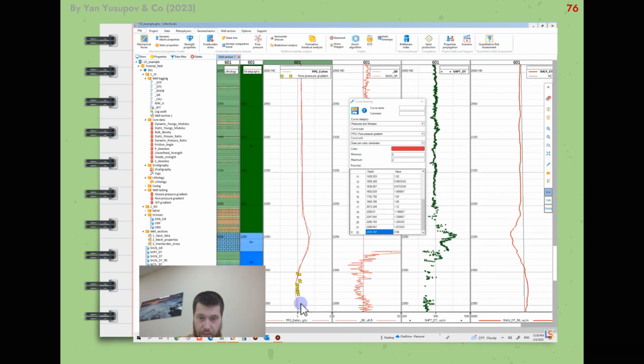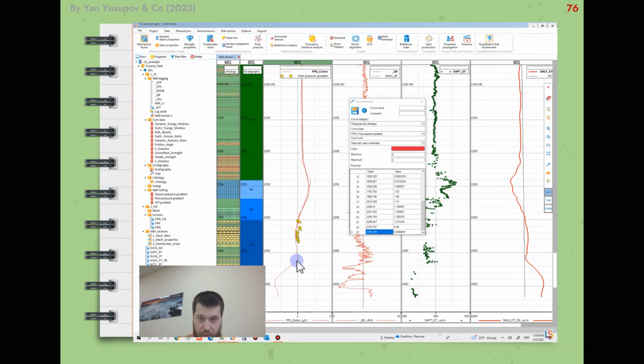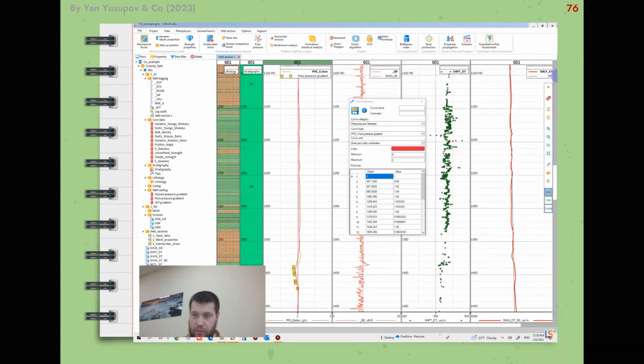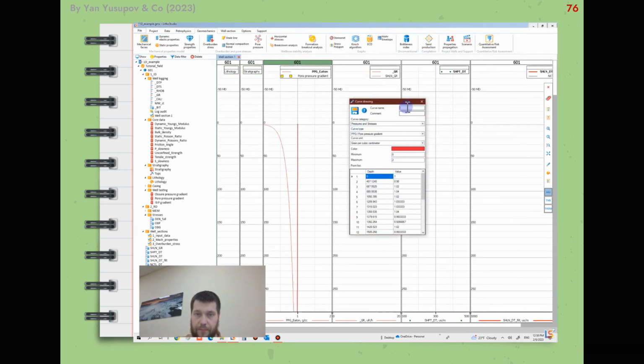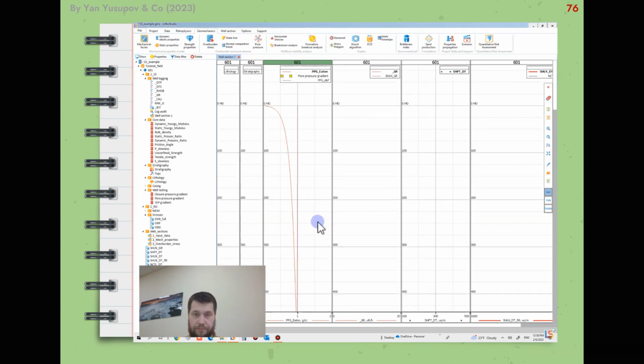And as a first point, let it be from 0 meters. Let's make the curve name PPG definition. Okay.